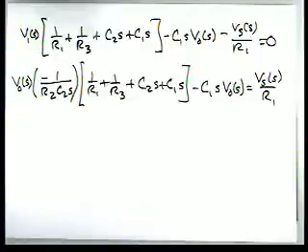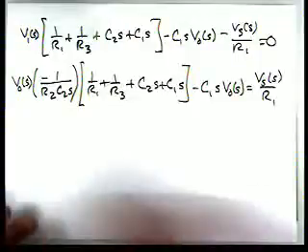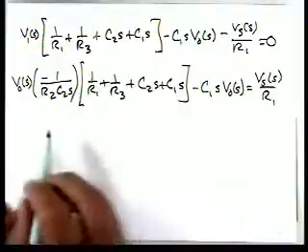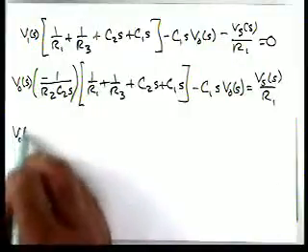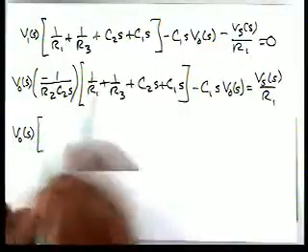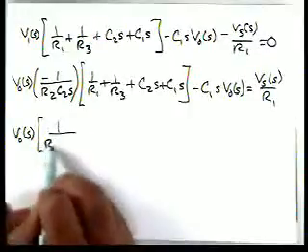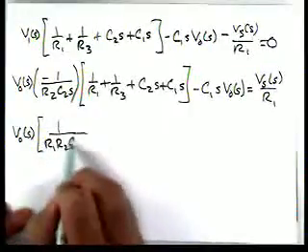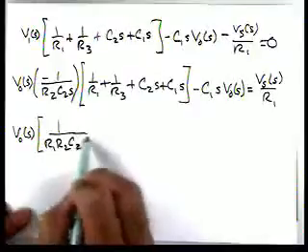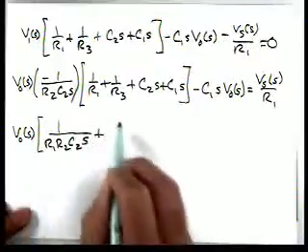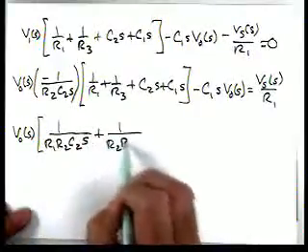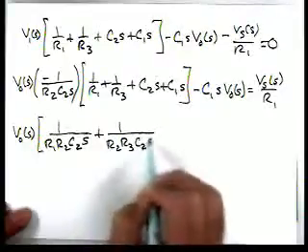So let's multiply this equation through by a negative sign, and let's collect up terms here again. Let's simplify some. So this first term becomes 1 over R1 R2 C2S plus 1 over R2 R3 C2S. That's this term.